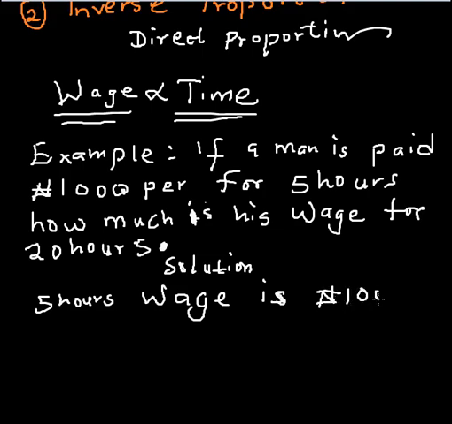So if 5 hours was 1,000 naira, before I can get the wage for 20 hours, I need to get the wage for just 1 hour.